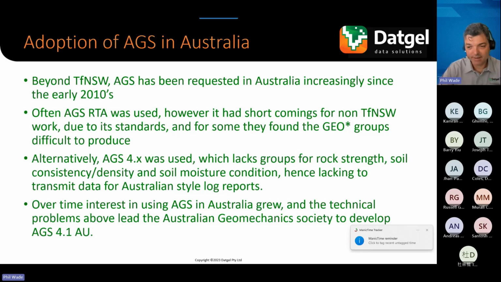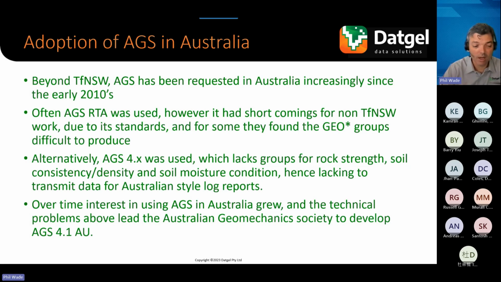But the problem with that is you end up losing some of the information you need, like rock strength and soil consistency, density, and so on. Although I created AGS 4.0 files that gave the ability for my customers to do that, how many people were losing out on that data who were using other systems? Well, that's a problem, right?